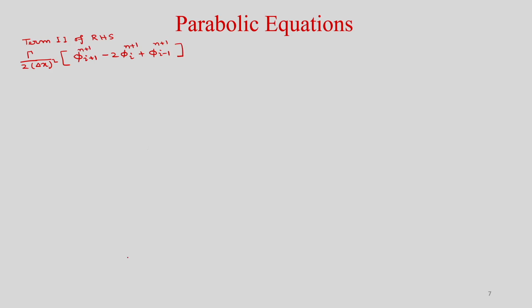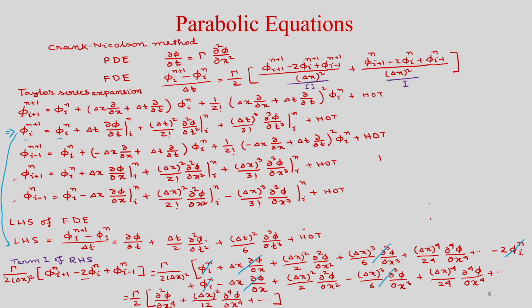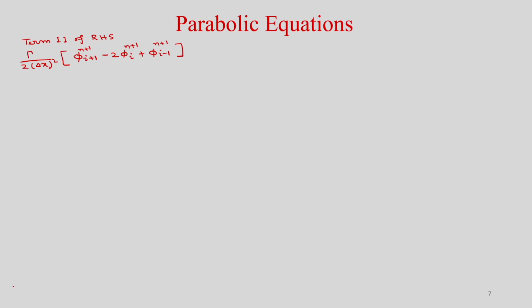Okay. So, now whatever expansions we have shown in the earlier slide, this and this and this, you put them there. So, what are you going to get? It will be γ/(2Δx²). I am just directly putting all these expansions from the last slide.